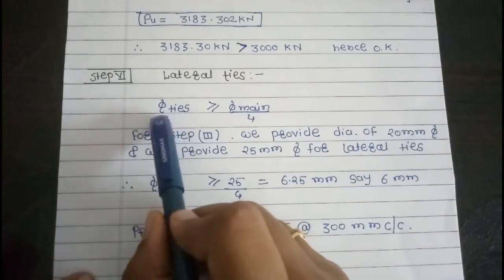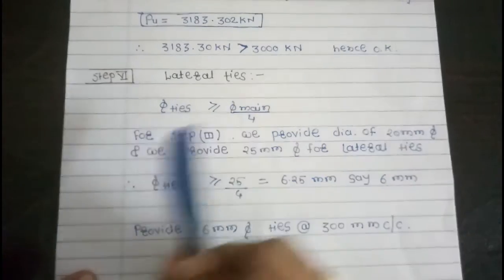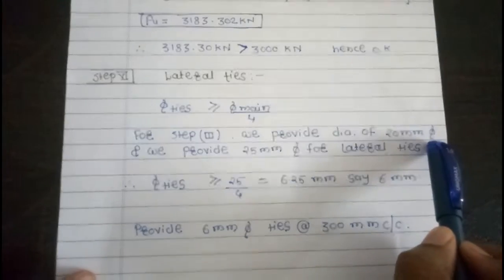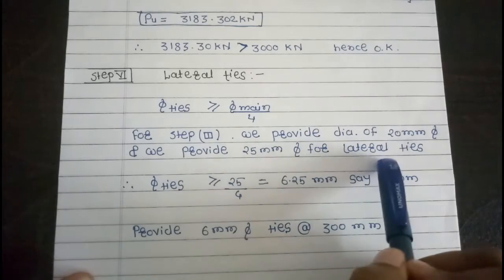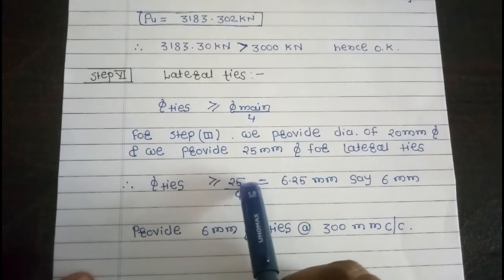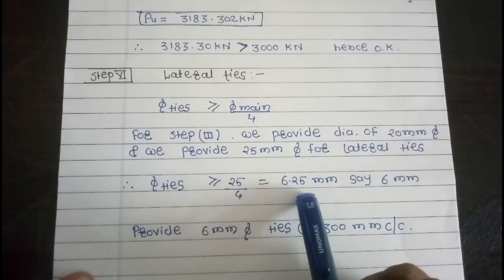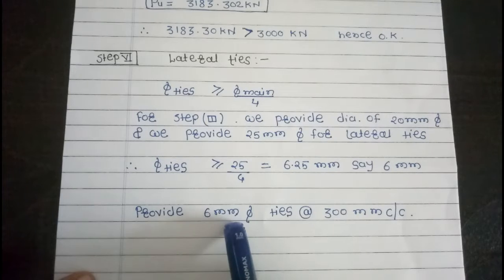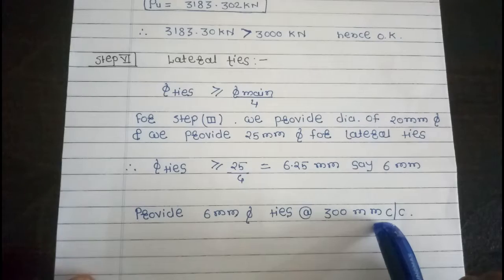Phi ties is the diameter of ties, which is greater than or equal to main diameter divided by 4.